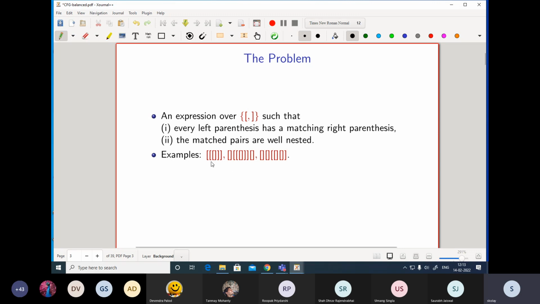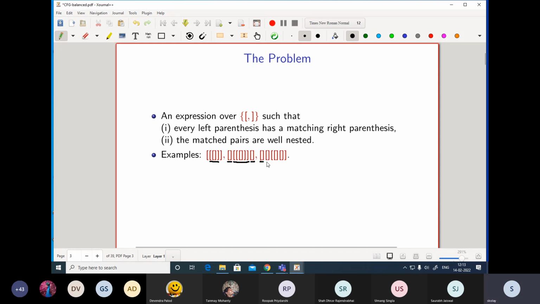These are positive examples, where you see it's just a nesting of left and right parentheses. Here you have some concatenations. Here is a pair that is matched. Here is a substring where it is well nested. And then again, a pair that is well matched. The concatenation of these three substrings forms another substring that is well nested and where every left parenthesis has a matching right parenthesis.